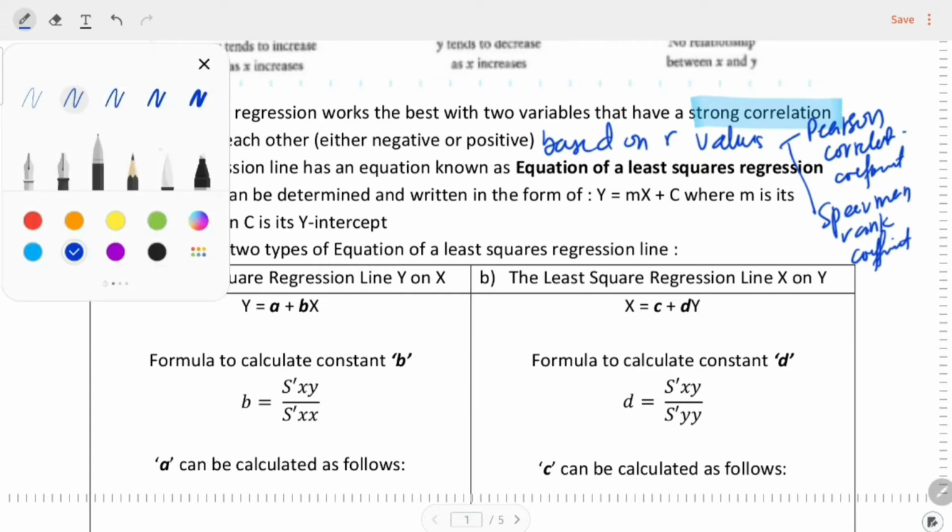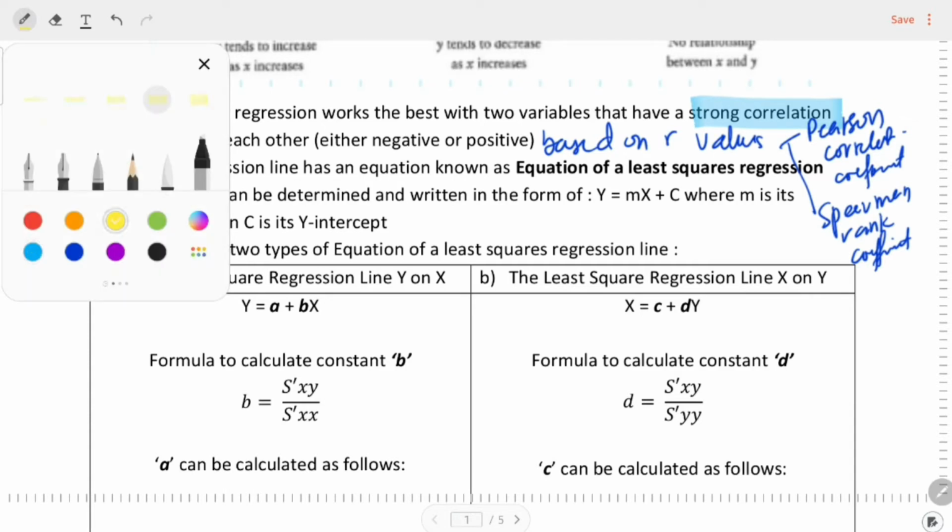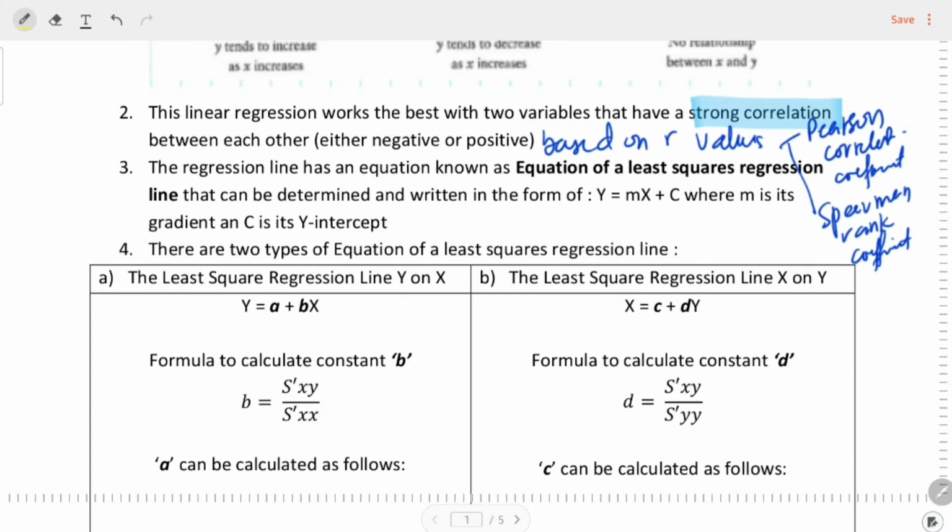Whenever a linear correlation exists between the two variables, there will be a regression line, and for this regression line we can determine the equation of the line, known as the equation of the least squares regression line.